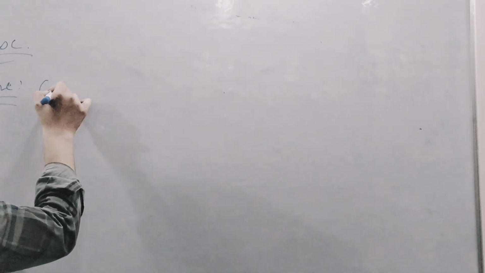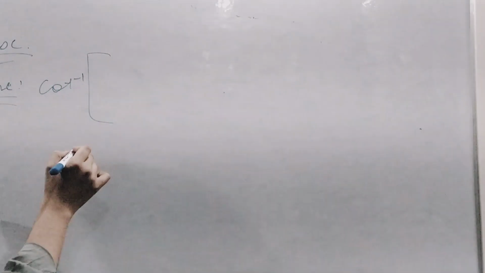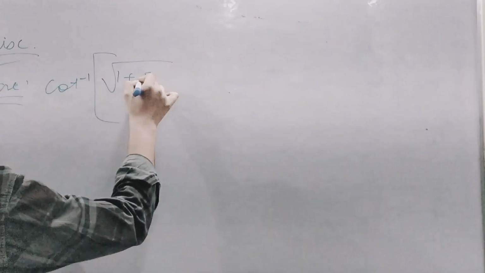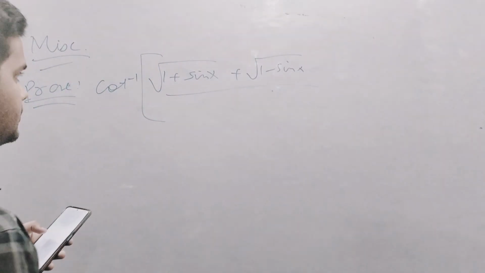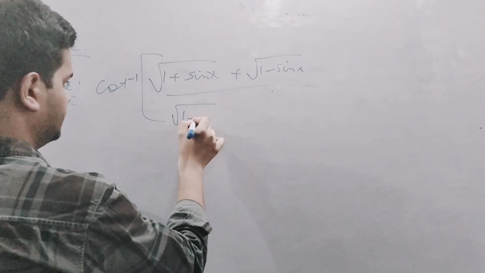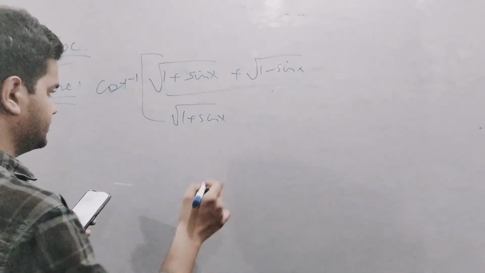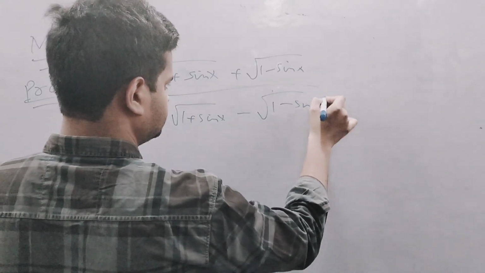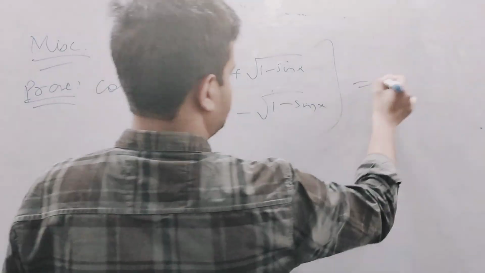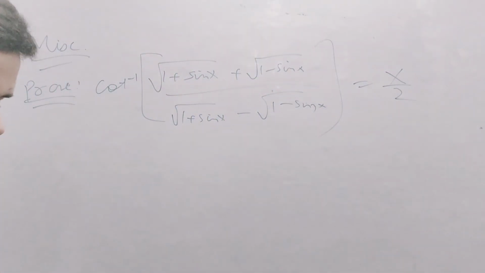It is proof: cot inverse of root 1 plus sin x plus root 1 minus sin x upon root 1 plus sin x minus root 1 minus sin x is equals to x upon 2.